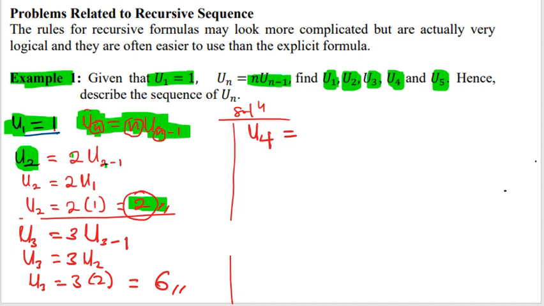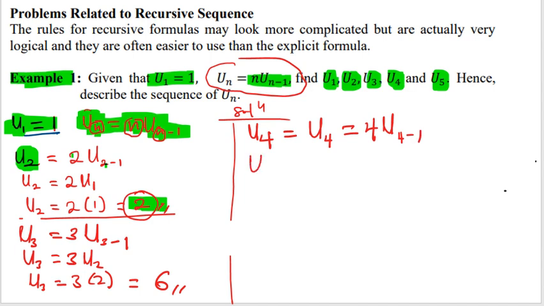When I come to this formula, wherever I see n, I'm going to put 4 there. So u4 should be equal to 4 times u4 minus 1.